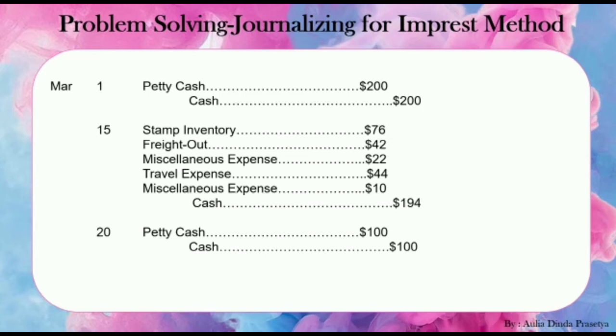And the third journal is when Ernest Company increased the petty cash to $300. So the journal will be petty cash to cash amounting to $100.